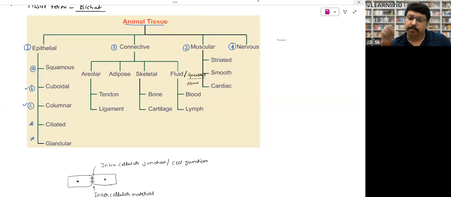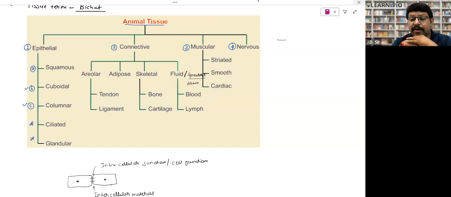Technically, these muscles are called muscular tissue, and they may be striated, smooth, or cardiac. If they obey the command of the brain, they are striated. If they do not obey the command of the brain, they are smooth. If they make our heart, they are not commanded by the brain, they are cardiac. That's how we classify muscle. Now the body structure is complete.